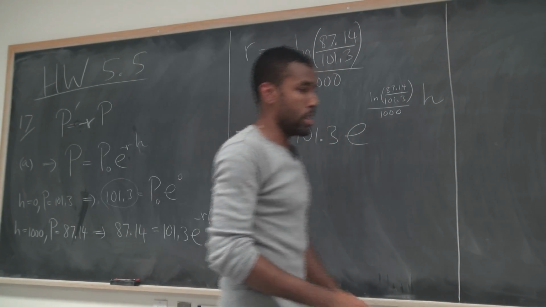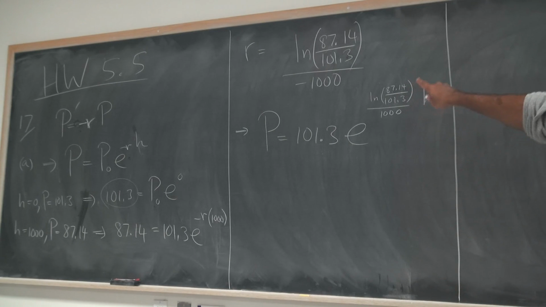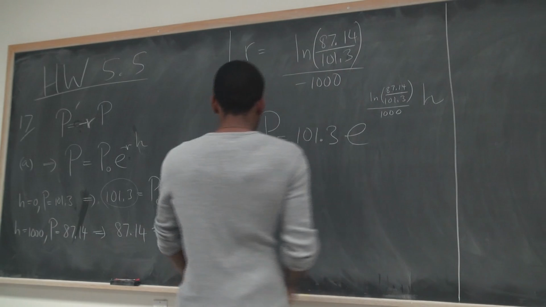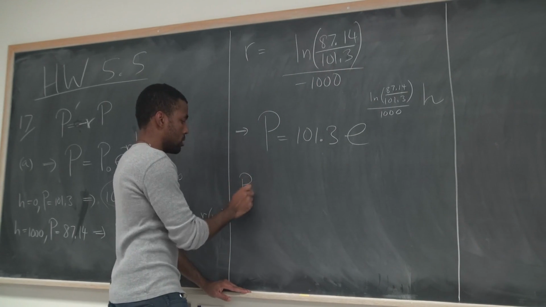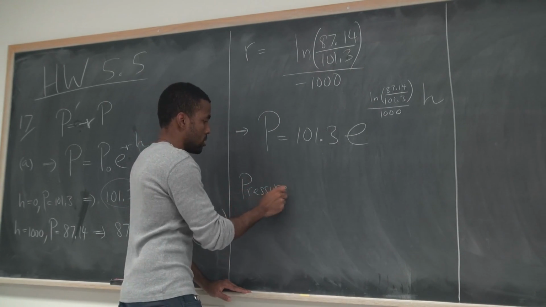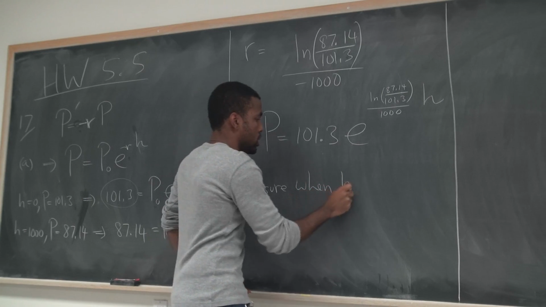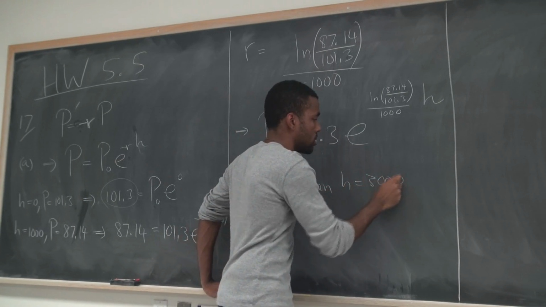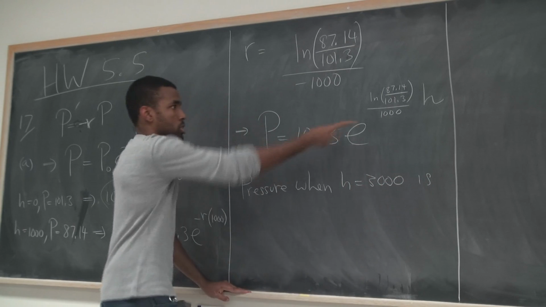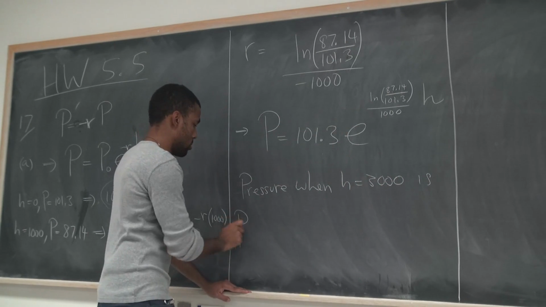And so now finally we can answer the question. We had to get to that before we could answer the question. What is the pressure when the altitude is 3,000? So pressure when h equals 3,000 is, just plug in 3,000 here.